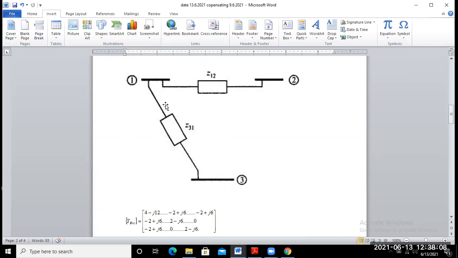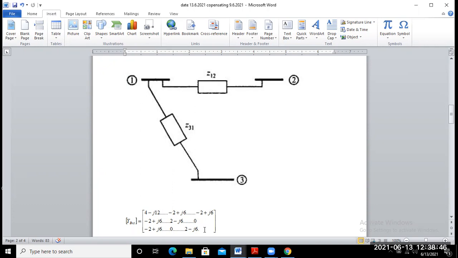Okay, if the system given has 4 buses, you just write directly a 4 by 4 Y bus matrix, and according to their connections you write Y11, Y12, Y13, Y14, similarly Y21, Y22, Y23, Y24, and Y31, Y32, Y33, Y34, and last is Y41, Y42, Y43, Y44.